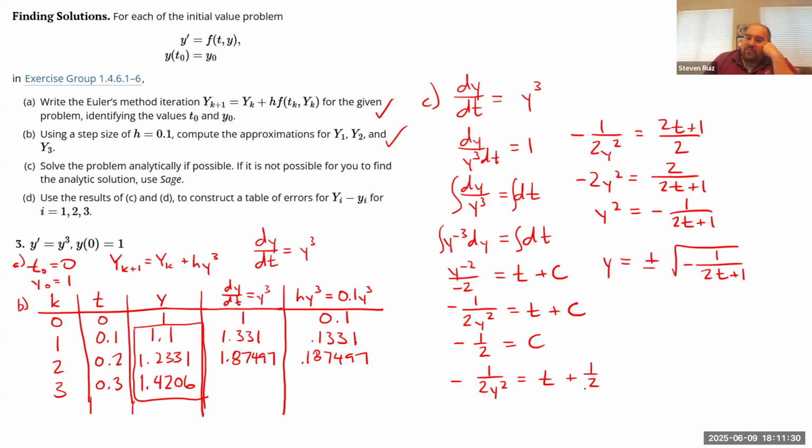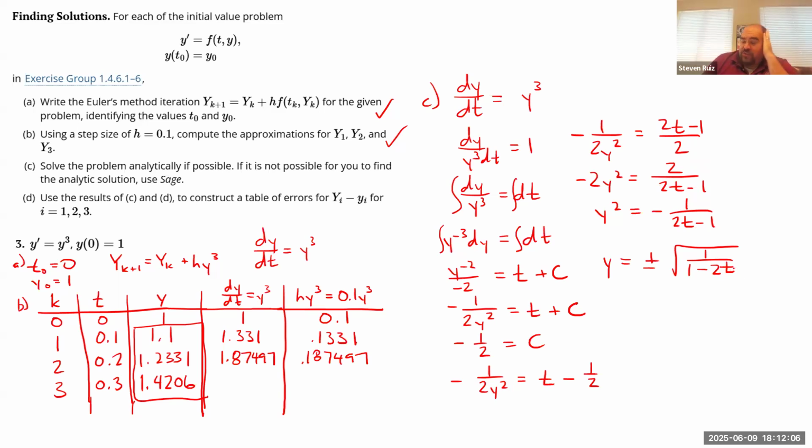So when I said c equals negative 1/2, and then I lied about it in the very next step. Okay, so t minus a half. So negative 1 over 2y squared equals 2t minus 1 over 2, which makes this a minus sign, and this a minus sign, which means this is going to be negative 1 over 2t minus 1, which is equivalent to 1 over 1 minus 2t.